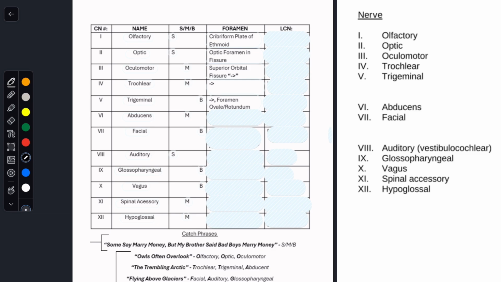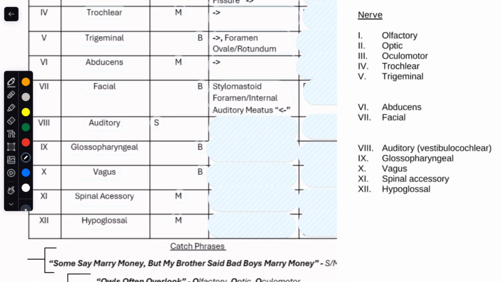For trigeminal, it's superior orbital fissure, foramen ovale, and foramen rotundum. But during the lecture, Dodenhoff says we only have to know one of the foramens, so I guess it's best to use superior orbital fissure for trigeminal as well. For abducens, it's also superior orbital fissure. For facial, it's stylomastoid foramen and the internal auditory meatus, which I represented with this sign.